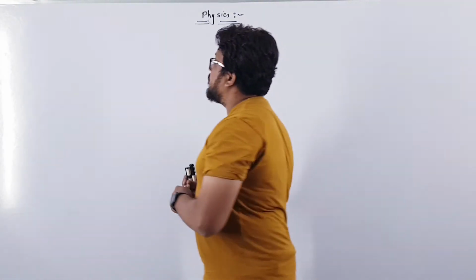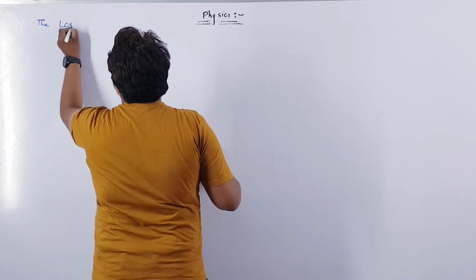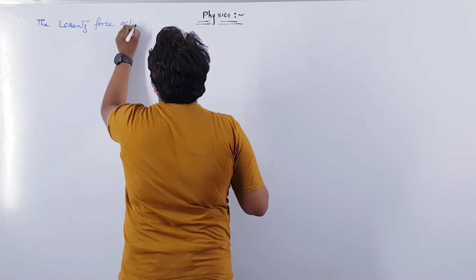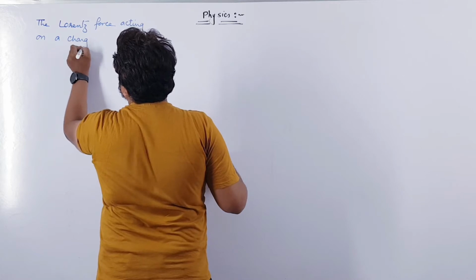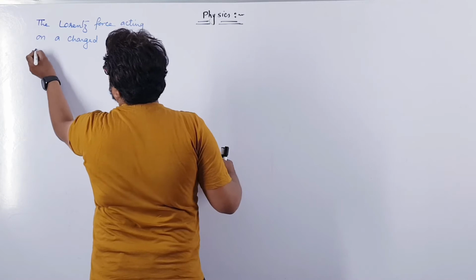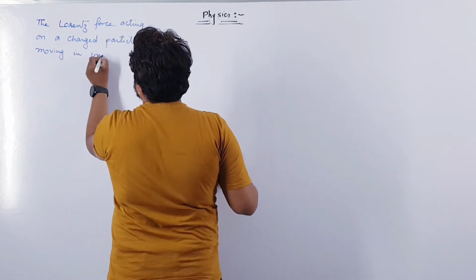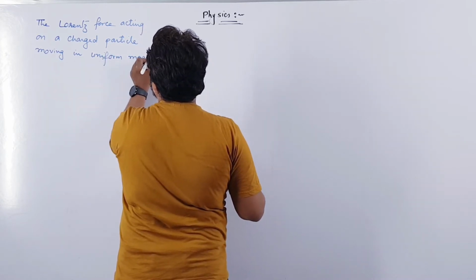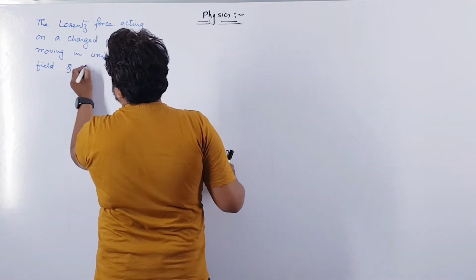In the last video lecture we discussed the Lorentz force acting on a charged particle moving in a uniform magnetic field and electric field.